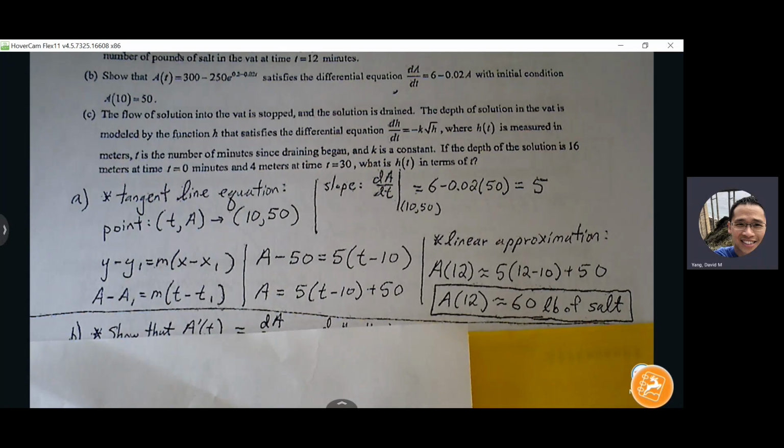We use the squiggly equals sign to indicate that this is not the actual value of A at 12, because we're not given A of t until part B. They just want us to use a tangent line to give an approximation of that actual value.